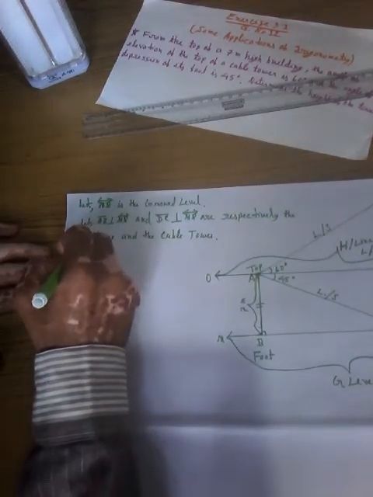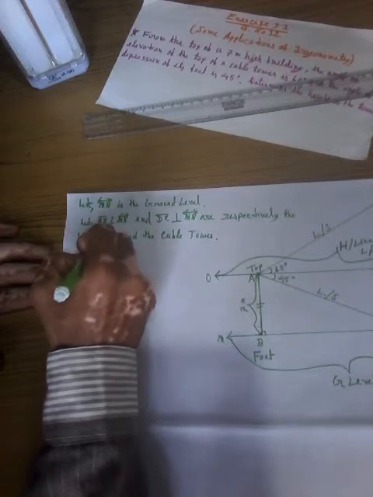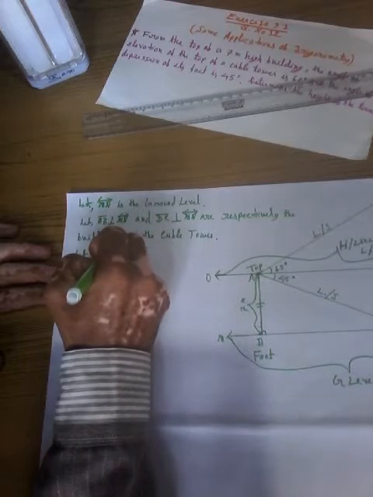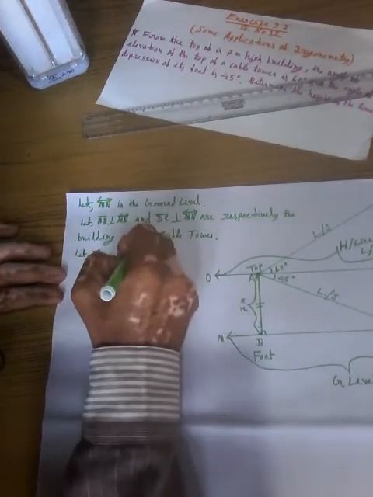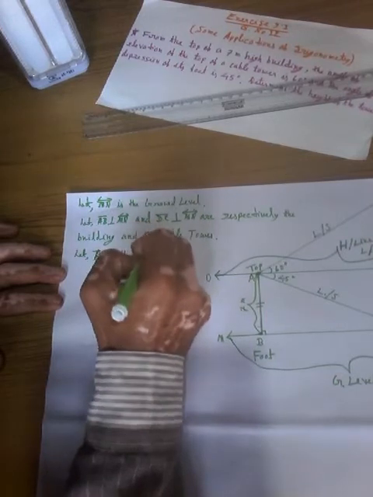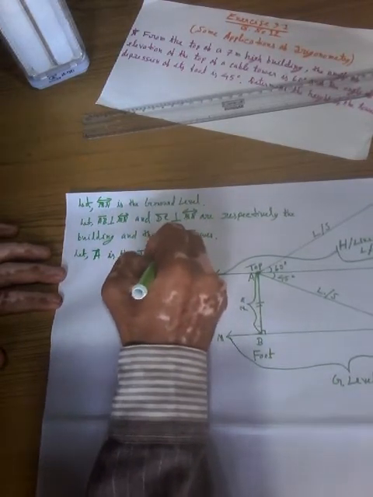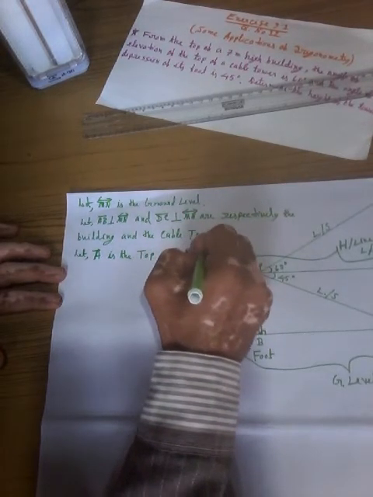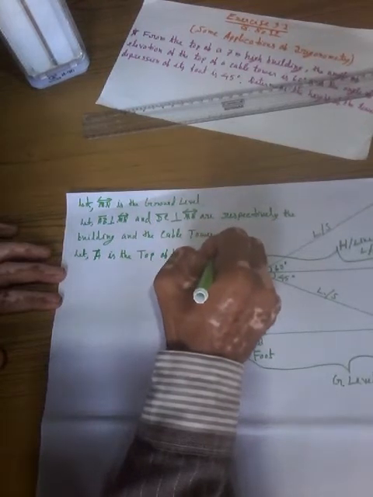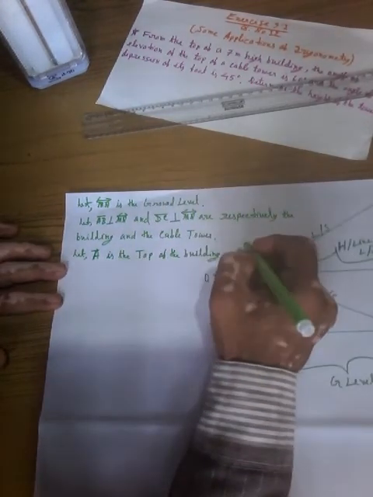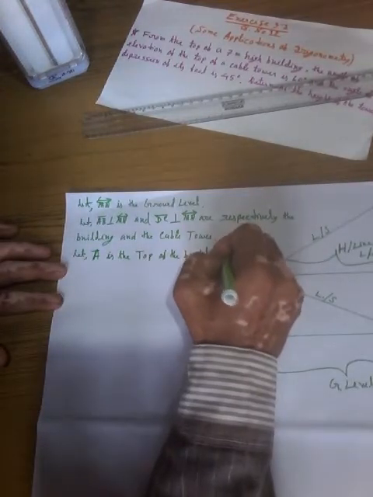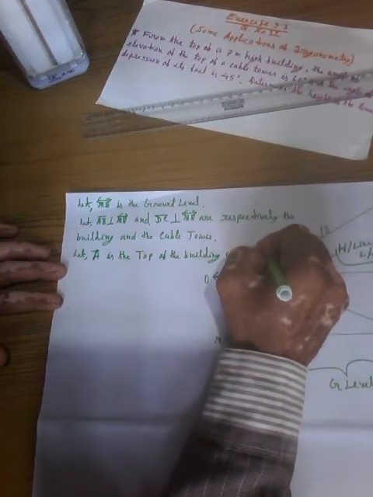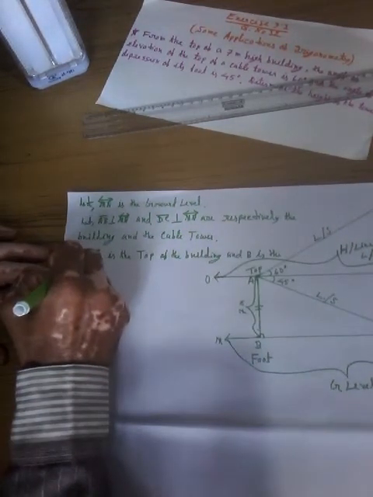After that, write in this way: let A be the top of the building and B the foot.